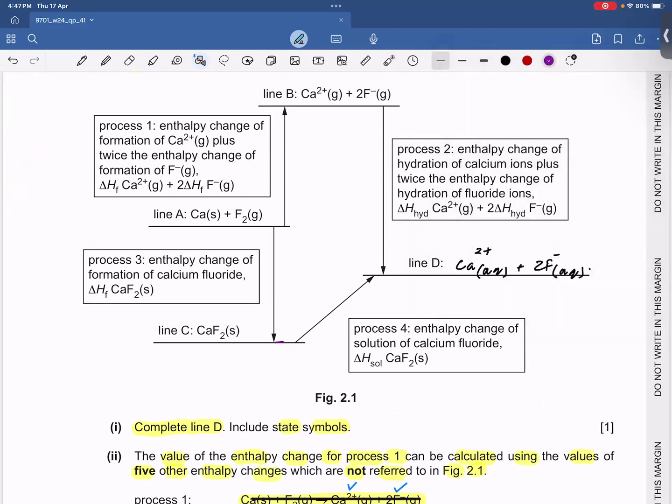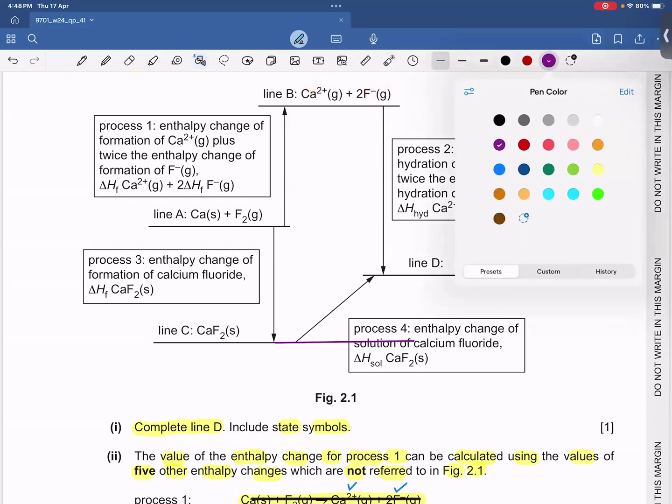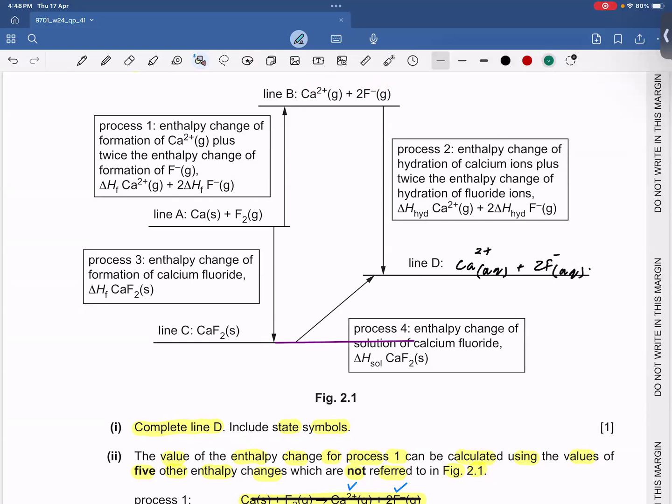Let me draw this line to this extent so that we can discuss lattice energy. When gaseous cation and anion combine together to give 1 mole of ionic solid, then it becomes lattice energy, right? So this arrow is going to be the lattice energy one.